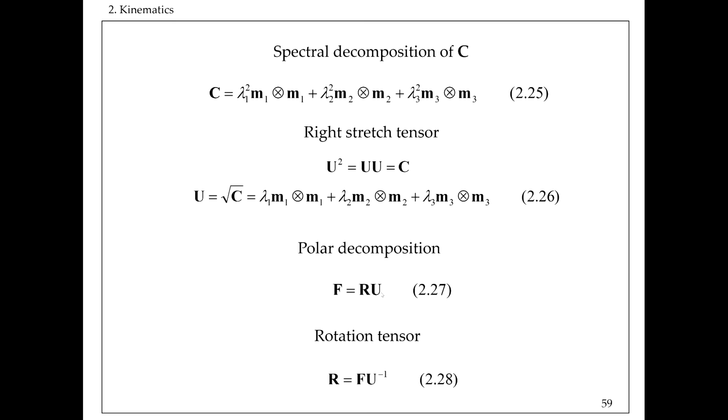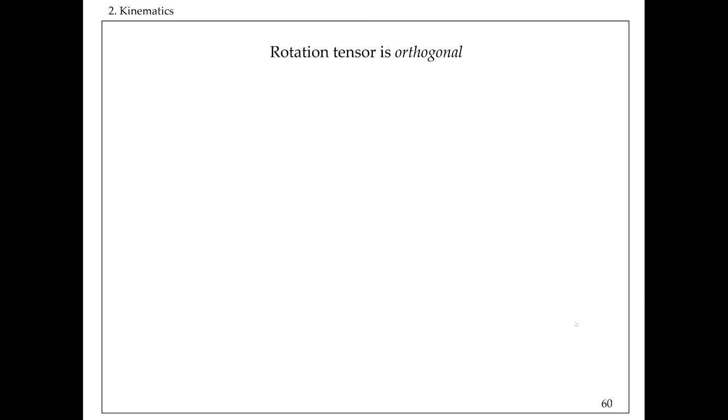U will stretch that vector, and R will rotate it, but will not change the length of that vector. So for that to be true, R needs to be of a certain structure, to have certain properties.